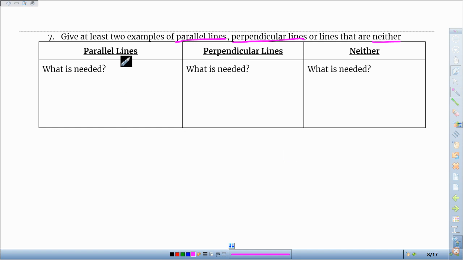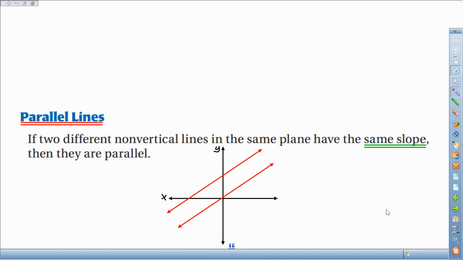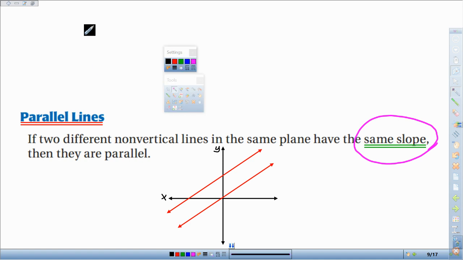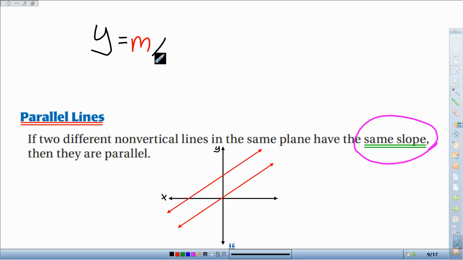Let's start with parallel lines. If you remember, for 2 lines to be considered parallel, they have to have the same slope. When we're talking about a line and its slope, this is normally written in slope-intercept form, which is y equals mx plus b.